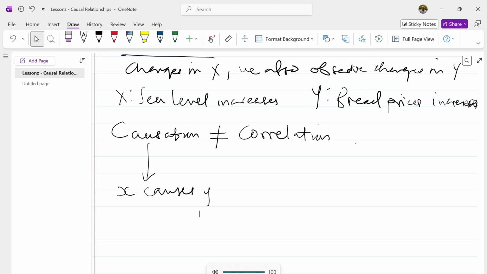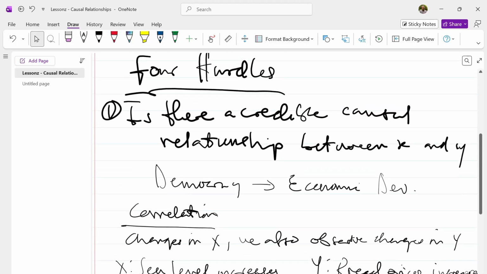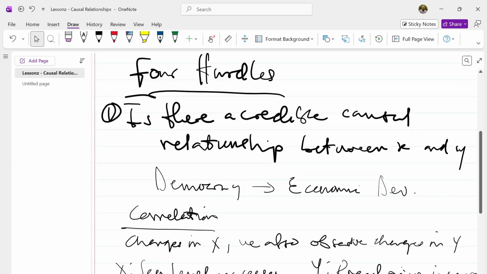The fact that two variables move together or change simultaneously does not mean that x causes y. Causation is a higher level that has to be theory driven. So your causation should have a very good theory behind it for why this actually happens. So that is the first hurdle that we need to go through. Is there a credible causal relationship between x and y?